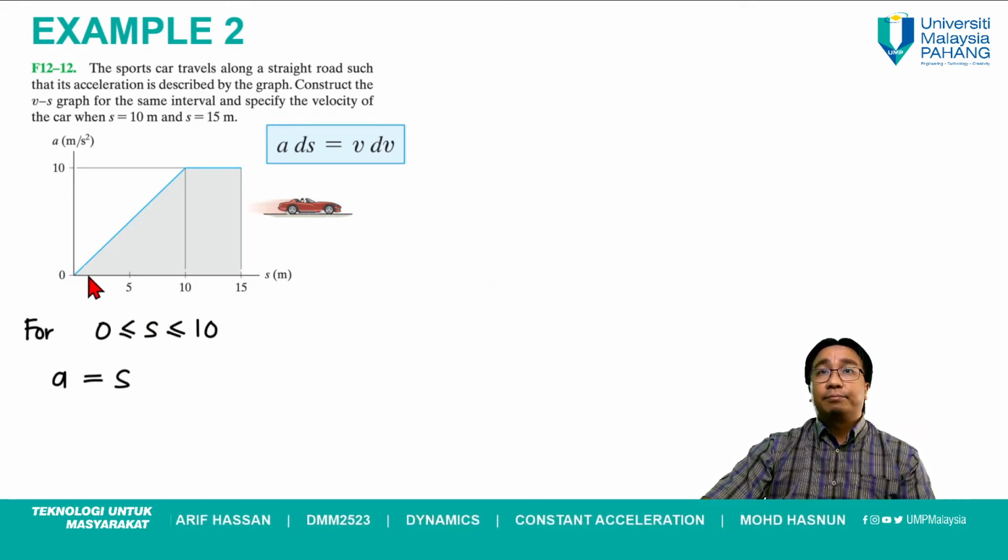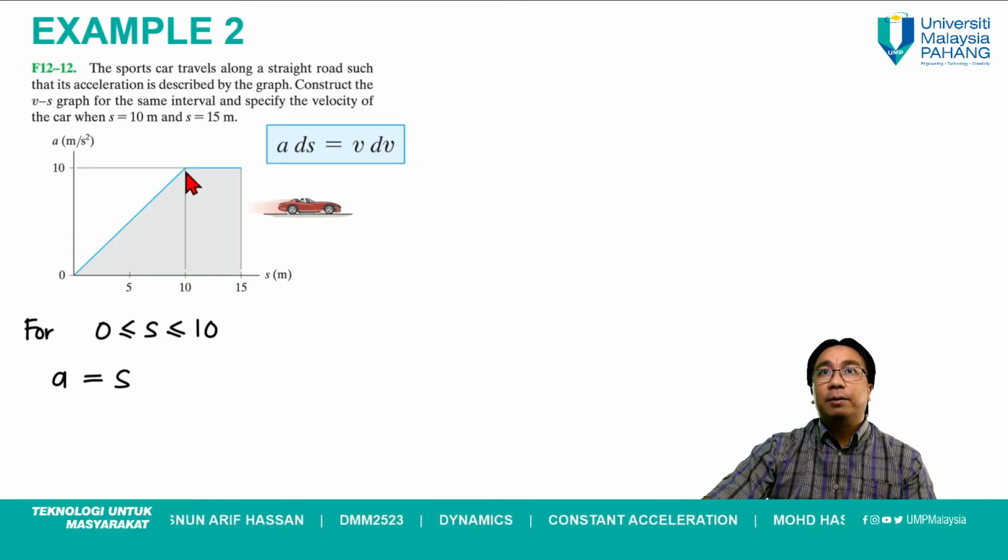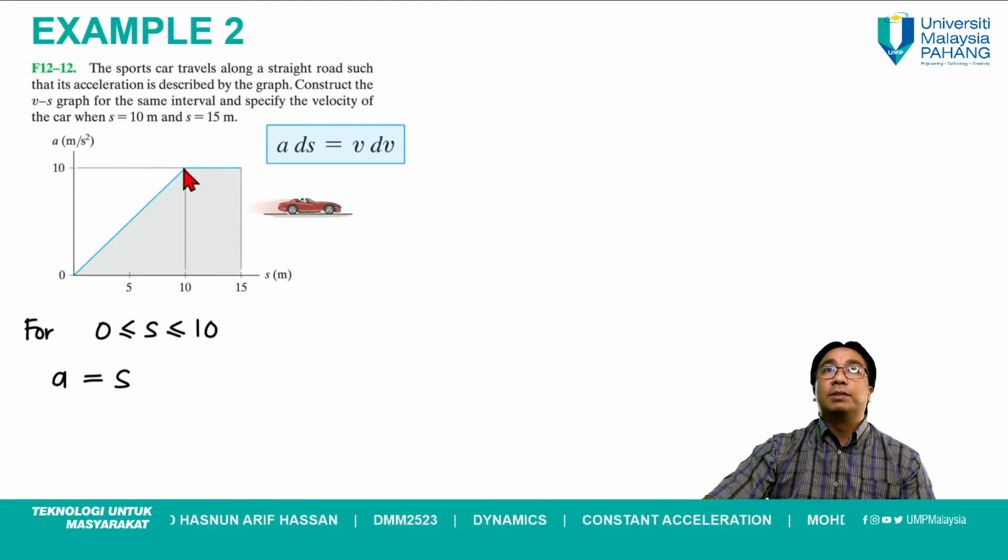Let's look at the first part of the motion. The first part is from 0 until 10. Do you see it is linear? Its shape is exactly square. So at displacement 5 meters, acceleration is 5 meters per second squared. At displacement 10 meters, acceleration is 10 meters per second squared.